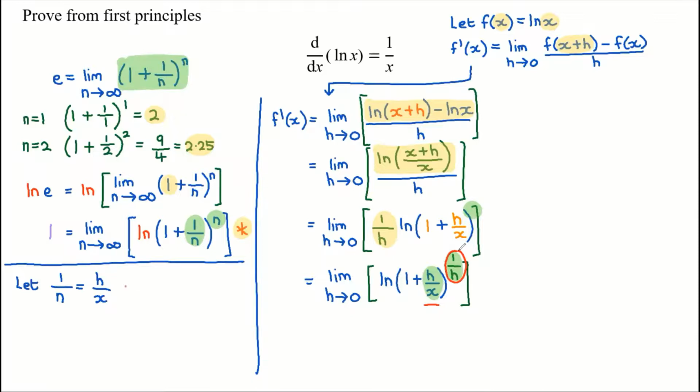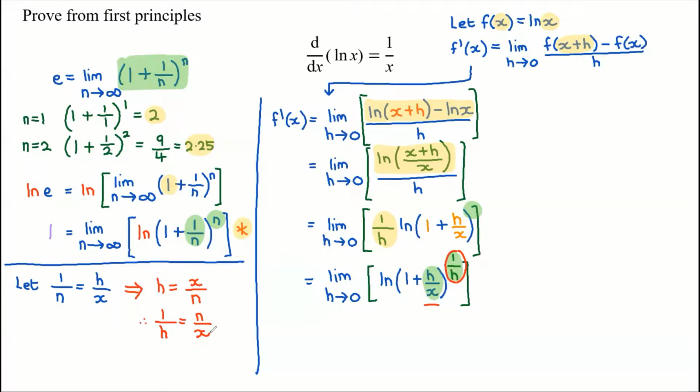So this implies that h is equal to x over n. Okay, that's what that substitution implies. So therefore, 1 over h would simply be the reciprocal of that, which would be n over x.